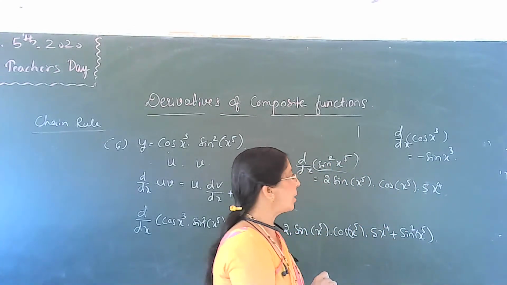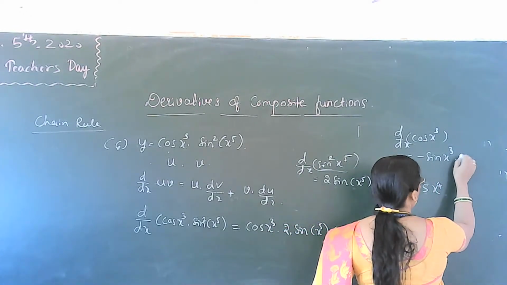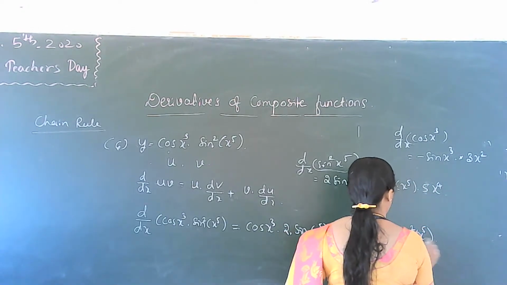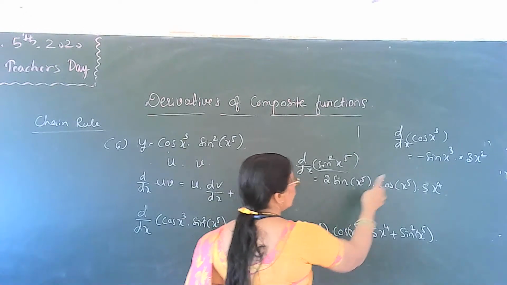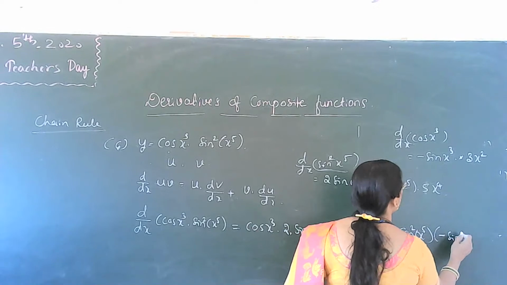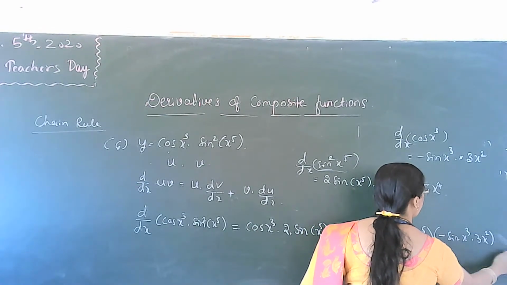The derivative of cos x is minus sin x, therefore minus sin x cube into the derivative of x cube, which is 3x square, plus sin square x into minus sin x cube into 3x square.